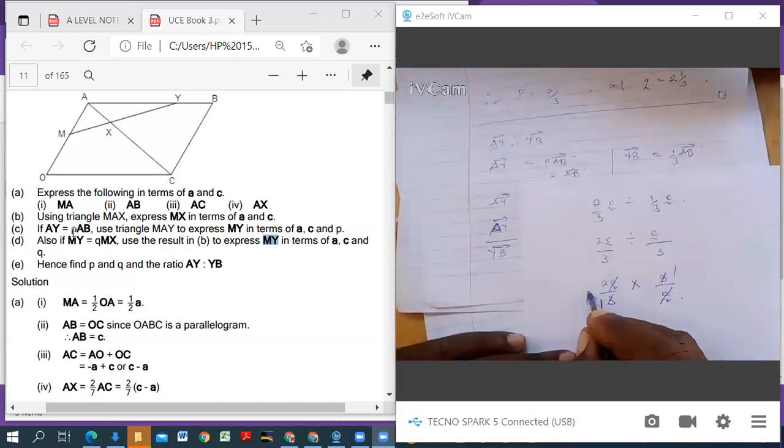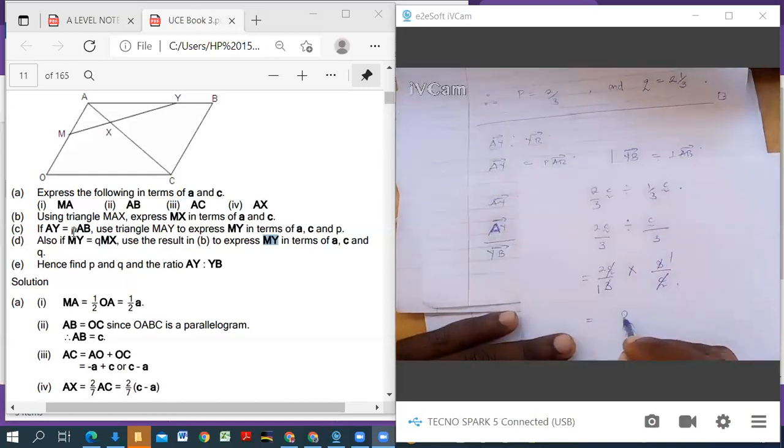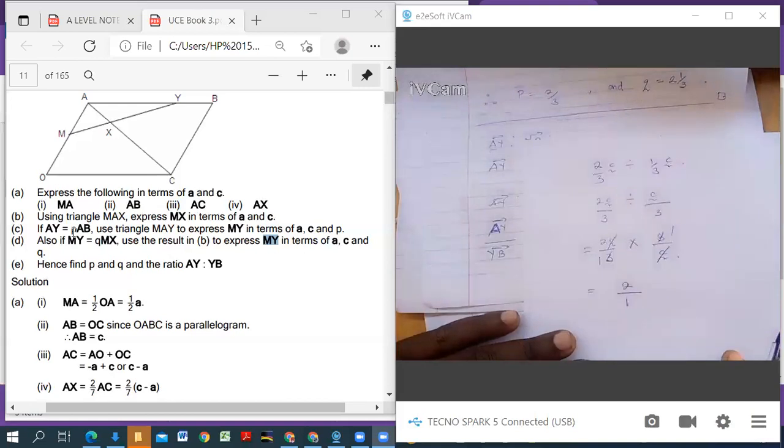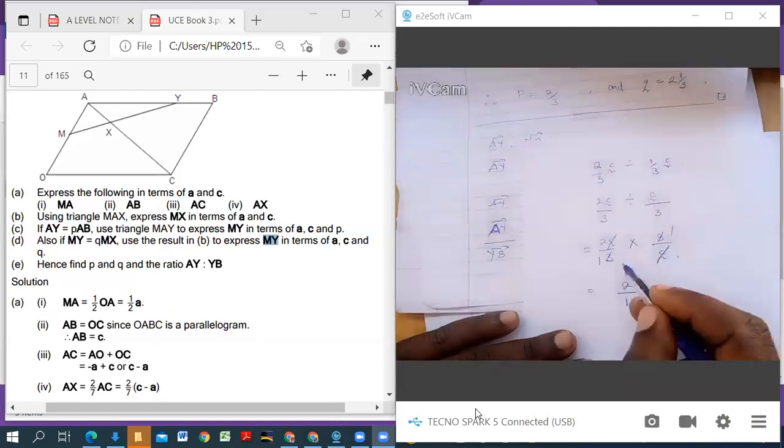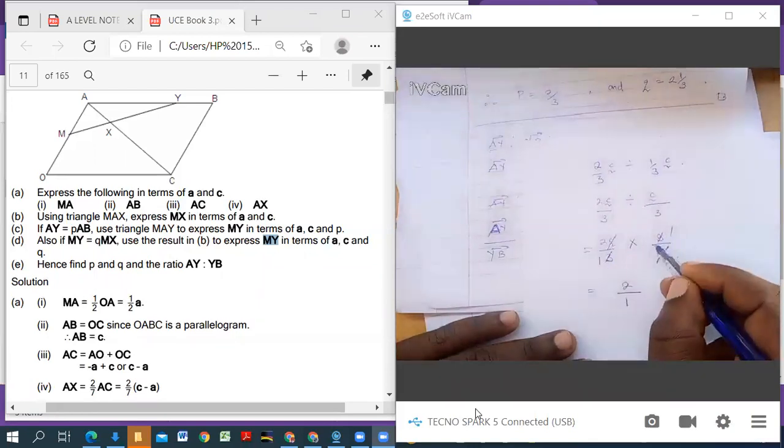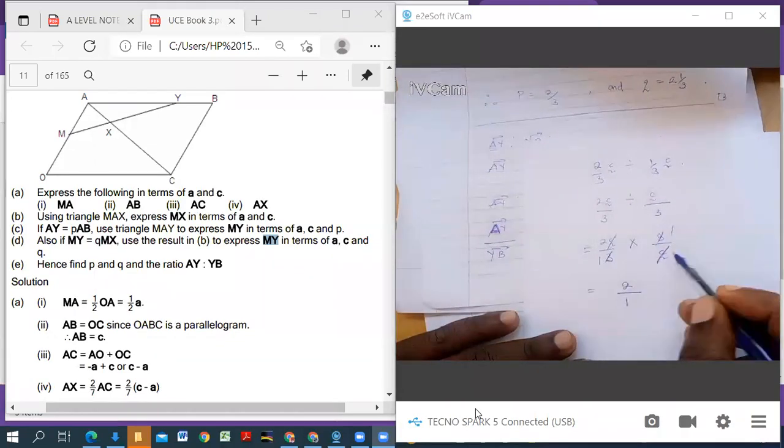So we remain with 2 over 1. The C's have crossed, by C and C, they cross. This was 3 and 3, once they crossed, we are remaining with the 2.